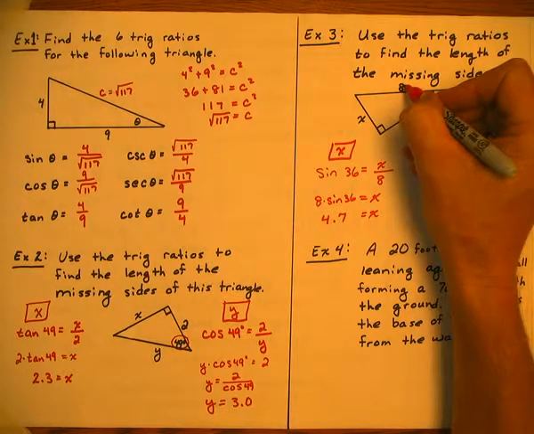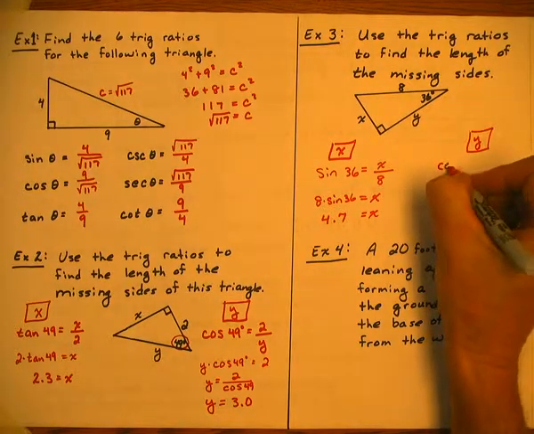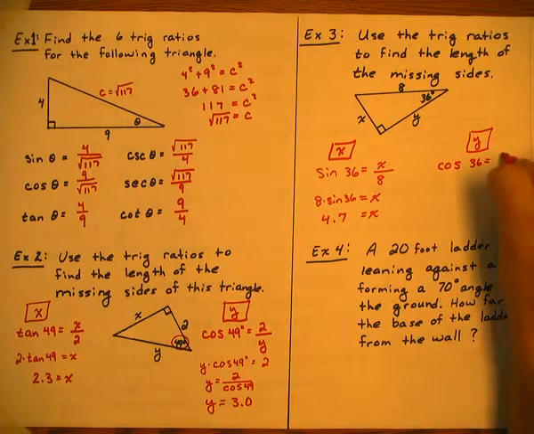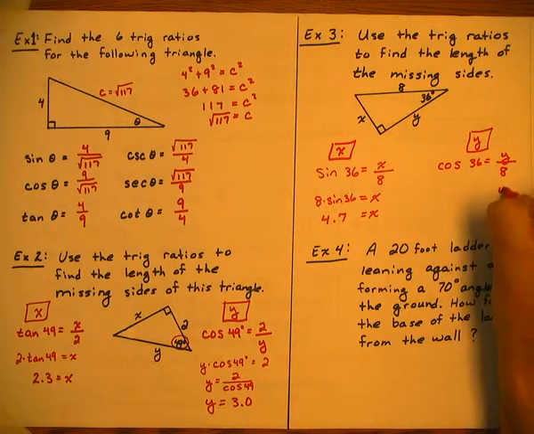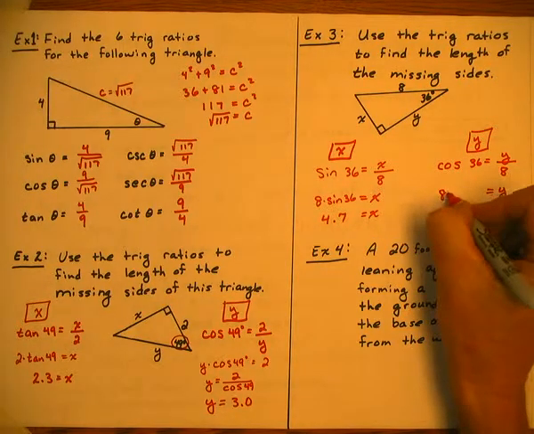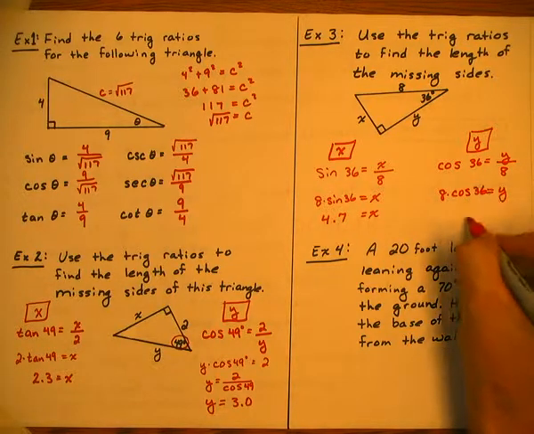Adjacent and hypotenuse. That trig function is cosine. So we write this out as cosine of 36 is equal to the adjacent over hypotenuse. We just need to multiply the 8 to the other side, so you have 8 times the cosine of 36, and that comes out to 6.5.